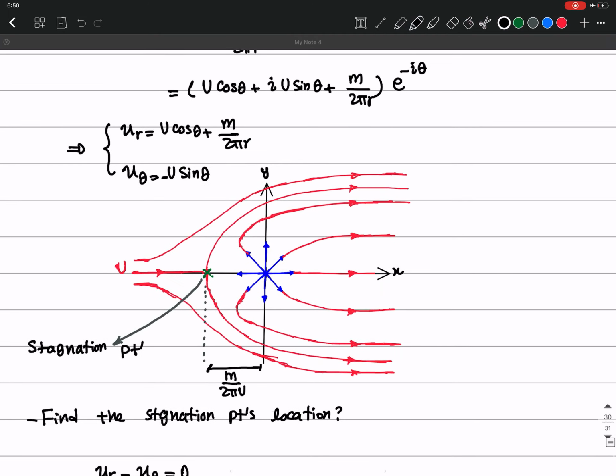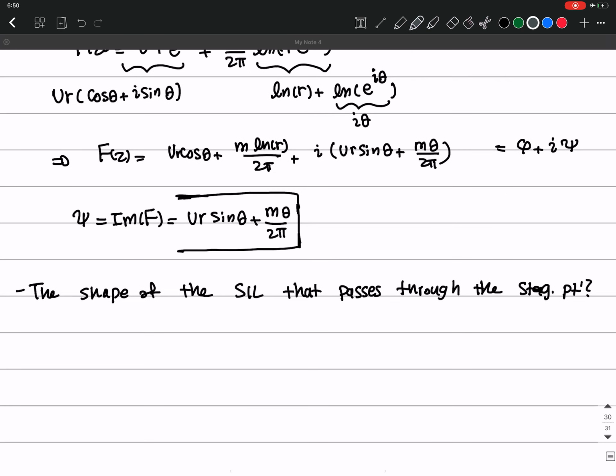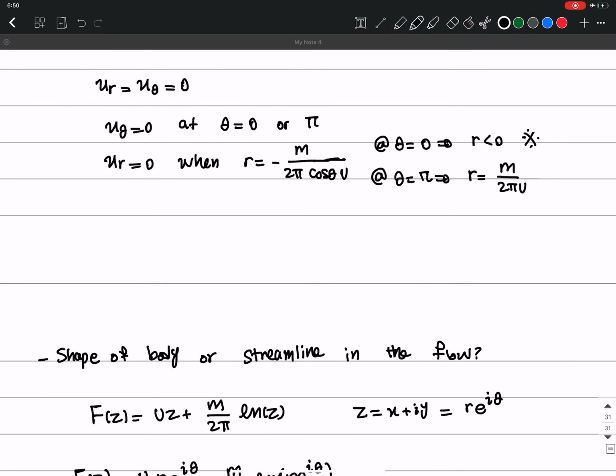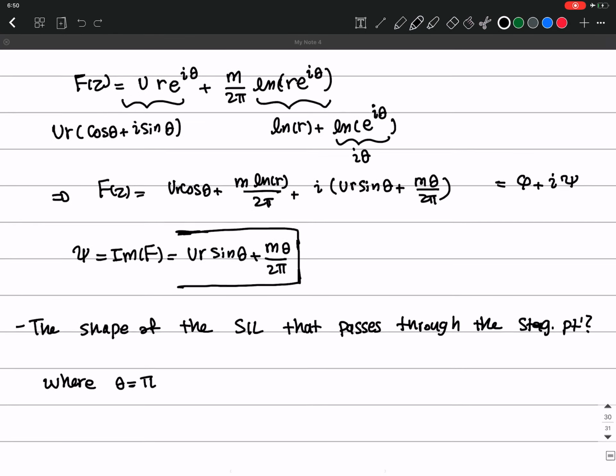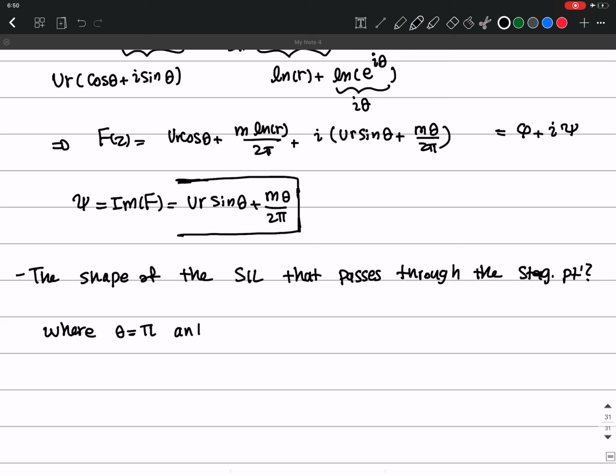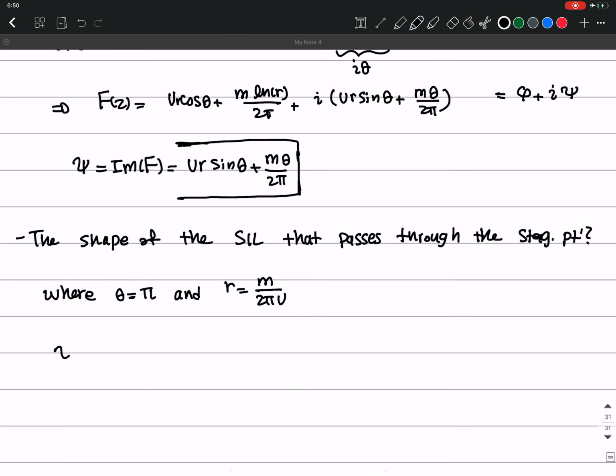I want to find an analytical formula for that. We know the location of that is where theta is pi, and r is m over 2 pi u. We got it here, right? So we just set psi equal to the value that passes through that point.